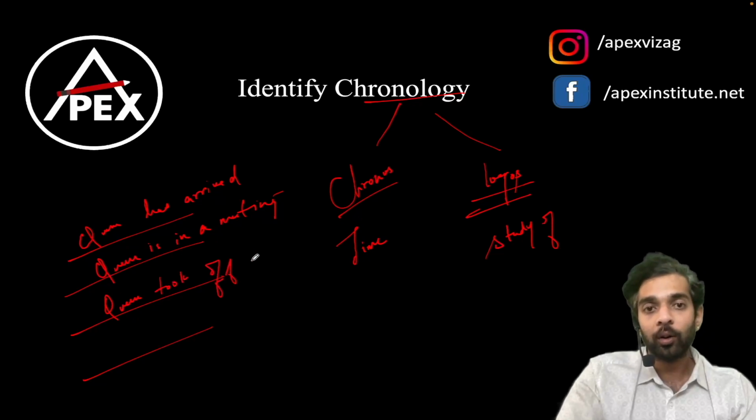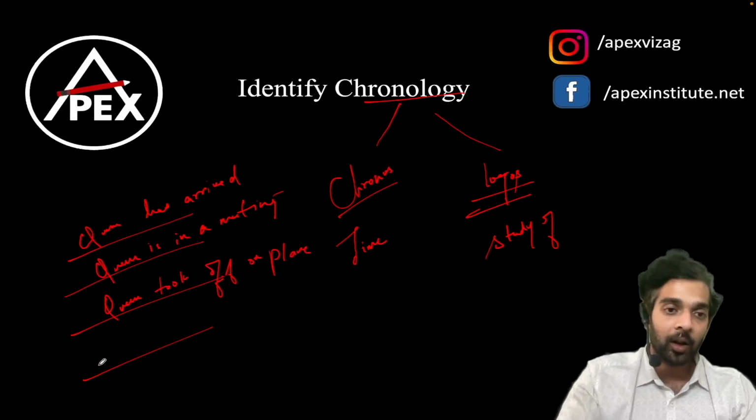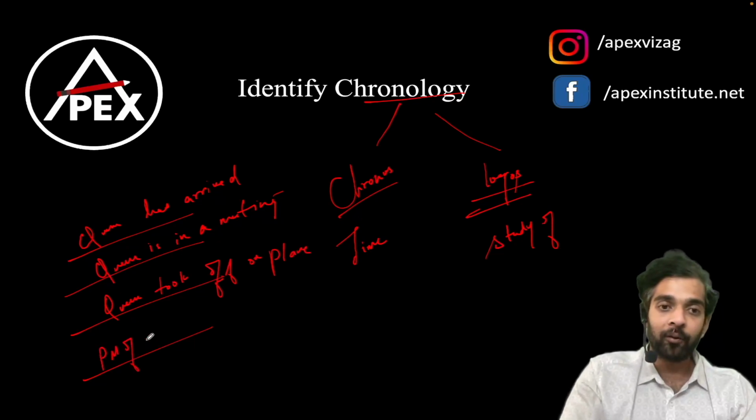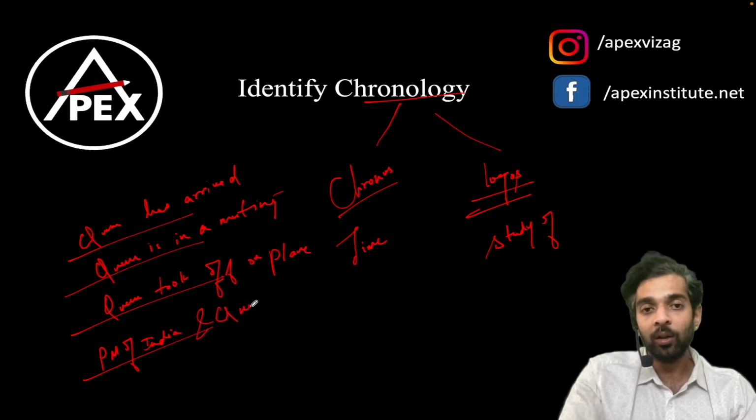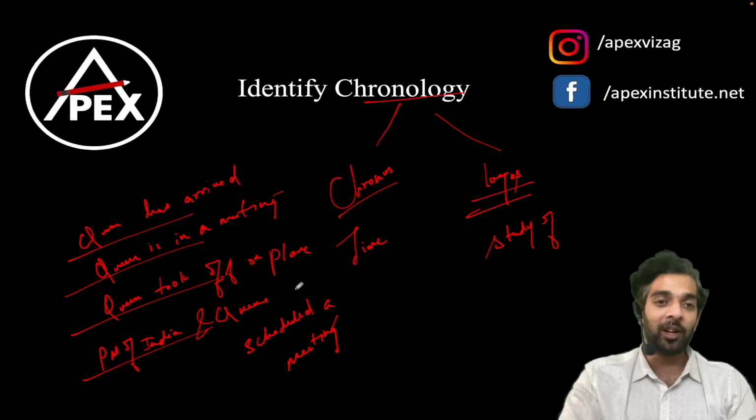And maybe the PM of India and queen scheduled a meeting. Obviously a CAT ParaJumble would not be this easy. I'm just giving you this so that I can explain it to you.